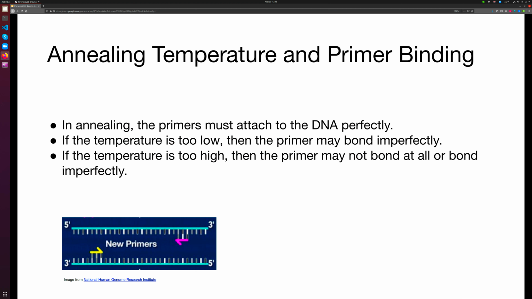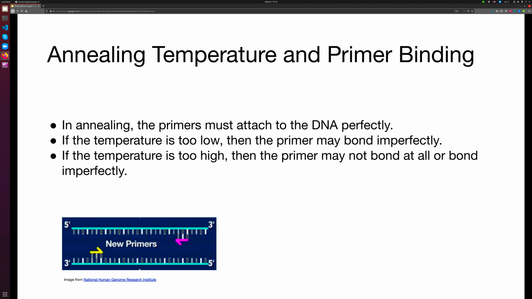Annealing temperature and primer binding. In annealing, the primers must attach to the DNA perfectly, or almost perfectly. Nothing can be perfect. But if the temperature is a little off, then maybe the results will be the same or very similar in terms of efficiency and other important characteristics.